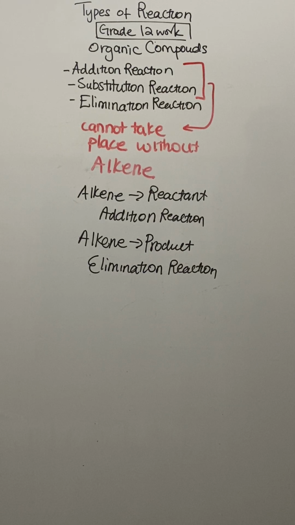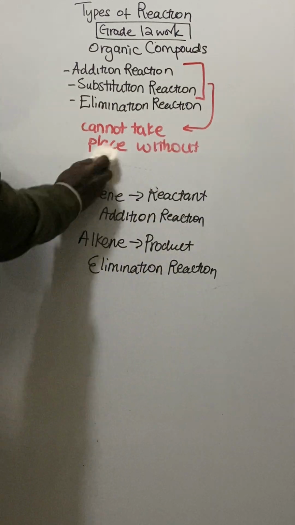Can I just wipe the board, because I'm going to be focusing today not on all of the types of reactions, but on the addition reactions, guys. Let me just wipe this.